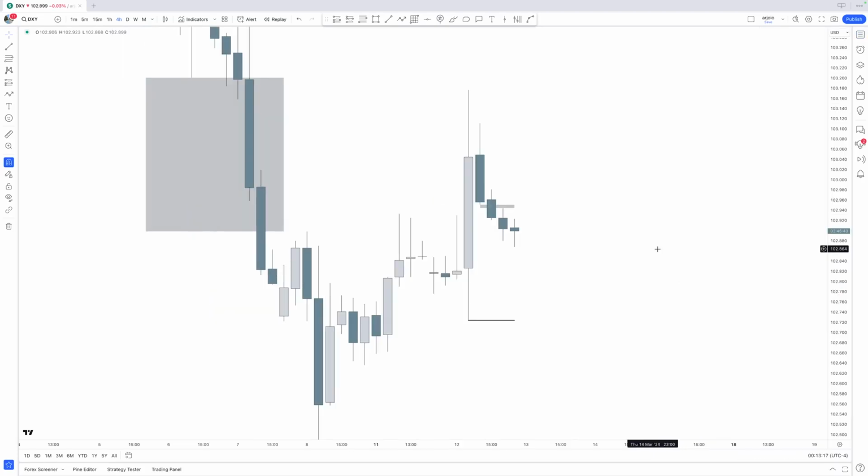Now, this is not all, because now we're going to move on to an actual pair analysis and another indices analysis as well. But you do also understand what you are supposed to do if the dollar is not clear. Because again, a top-down analysis is not always going to give you a clear direction and a clear narrative. But that's not the point. It's to find those pairs and instruments that do have a clear direction and a clear narrative.